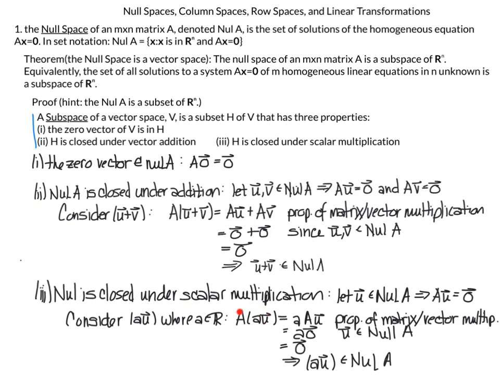We can factor out our scalar, from properties of matrix and vector multiplication. So we have the scalar c times Au, but since u is in the null space, Au is equal to 0, and then the scalar c times 0 is still equal to 0. Therefore cu is in the null space of A, and we have completed our proof.